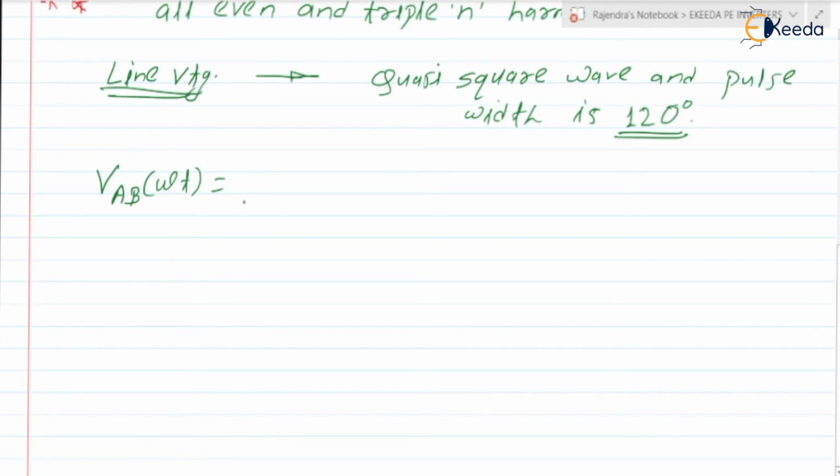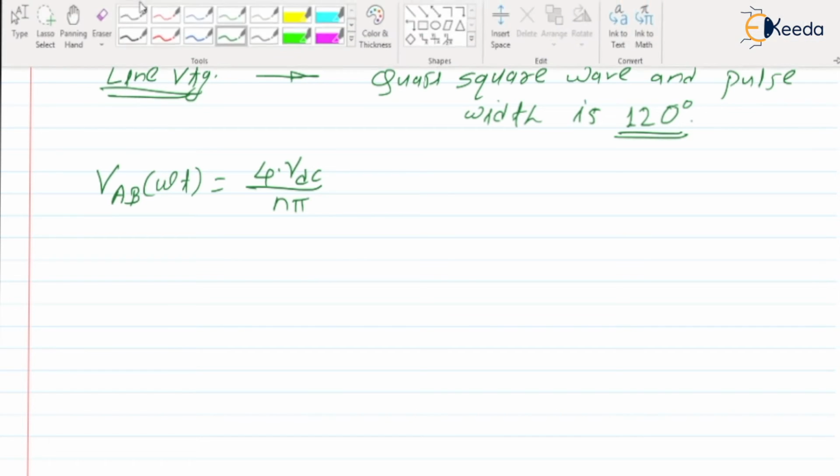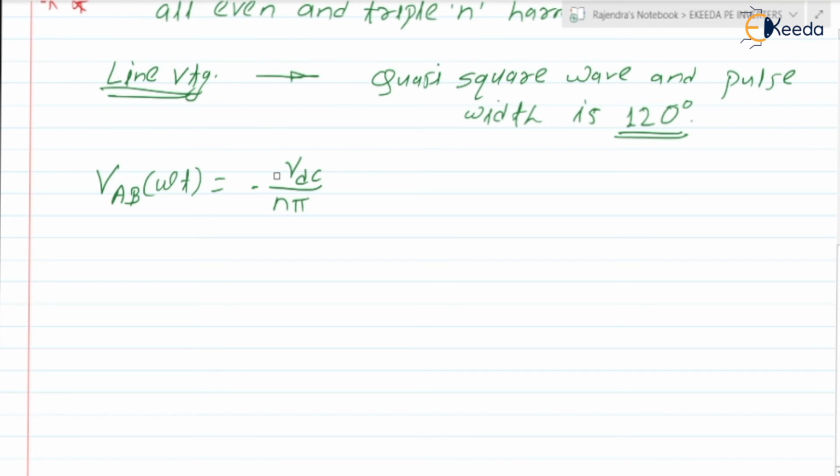In the single phase it was 4 EDC by n pi, where the magnitude was EDC. But here we have VDC, so we can write it as 4 into VDC divided by n pi, into, or we can write it in terms of summation.